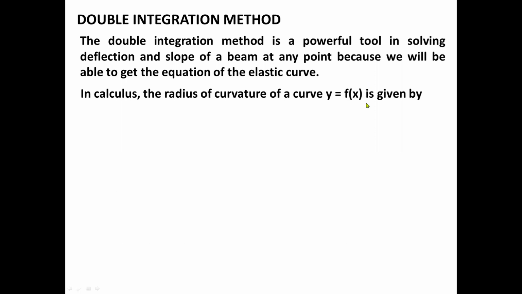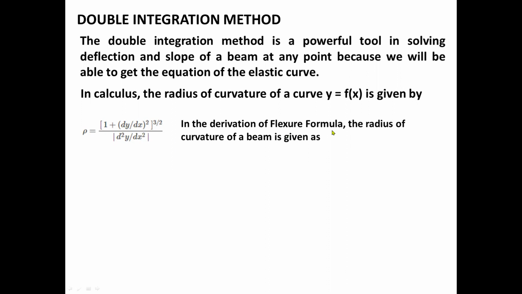In calculus, the radius of curvature of a curve y = f(x) is given by this equation. Rho, yung symbol na ito, is equal to [1 + (dy/dx)^2]^(3/2) all over the second derivative.